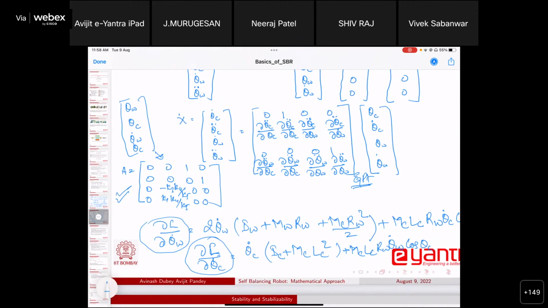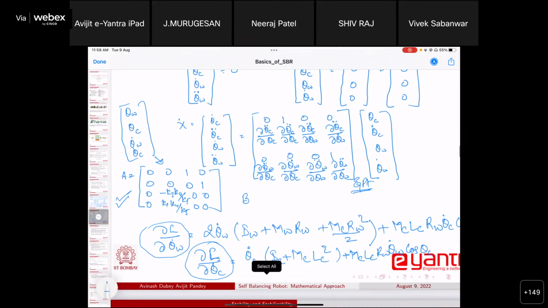Similarly, the matrix B, which is proportional to your input, will come out to be 0, 0, k2 plus k3 by k5, and minus k1 plus k3 by k5. This is the B matrix. So now you have the A and B matrix for the system.